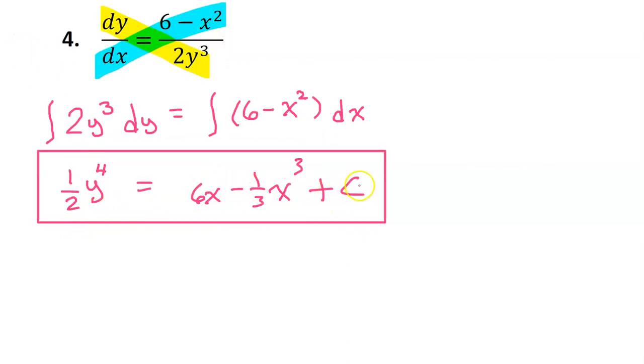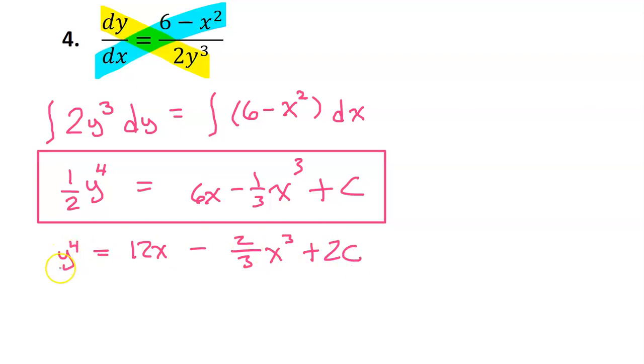This is a perfectly fine solution, but let's see what it looks like if we get y by itself. Multiplying by 2 on both sides, we get y to the fourth power is equal to 12x minus 2/3 x to the third power plus 2c.